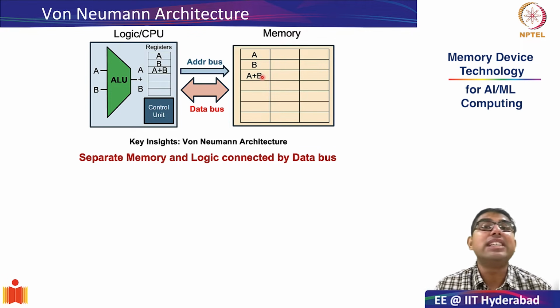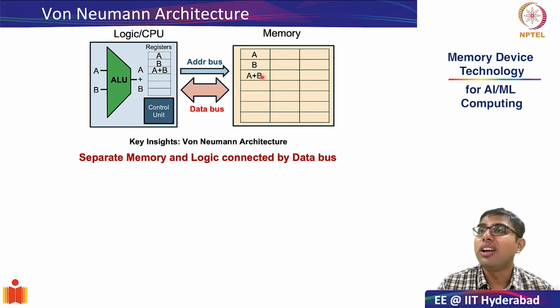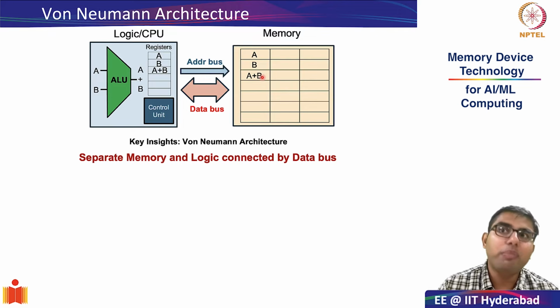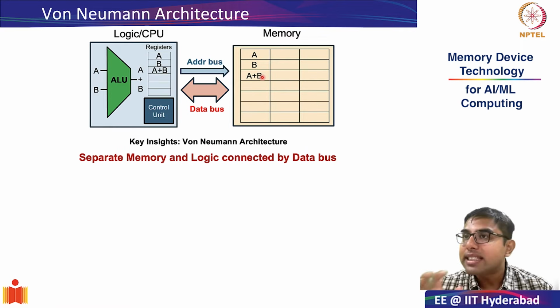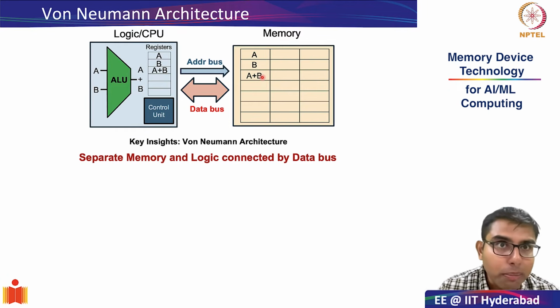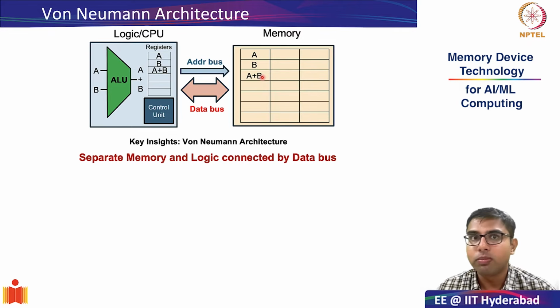So what are the key insights that we gained through this study? The first important insight, which is obvious, but we will soon see why I am emphasizing it several times, is that in the Von-Neumann architecture you have separate logic and memory elements: functionally separate, spatially separate.